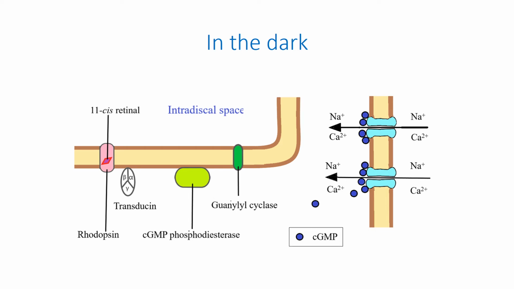This permits sodium and calcium ions to flow into the cell, which is therefore in a depolarized state with a membrane potential of about -40 millivolts, and the rate of neurotransmitter glutamate release in the synapse is high.